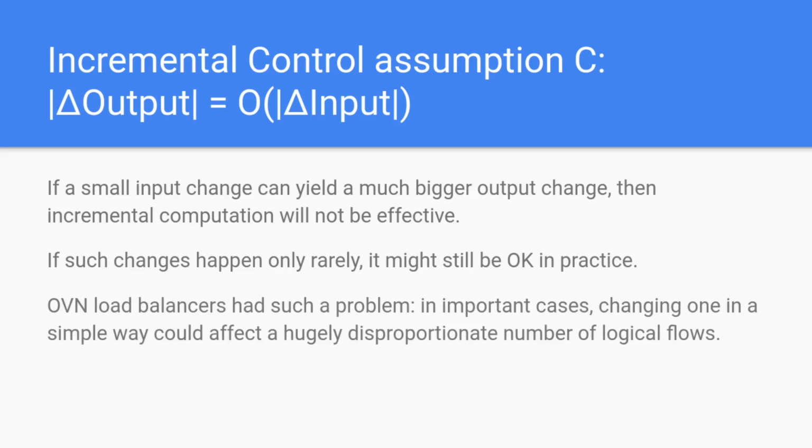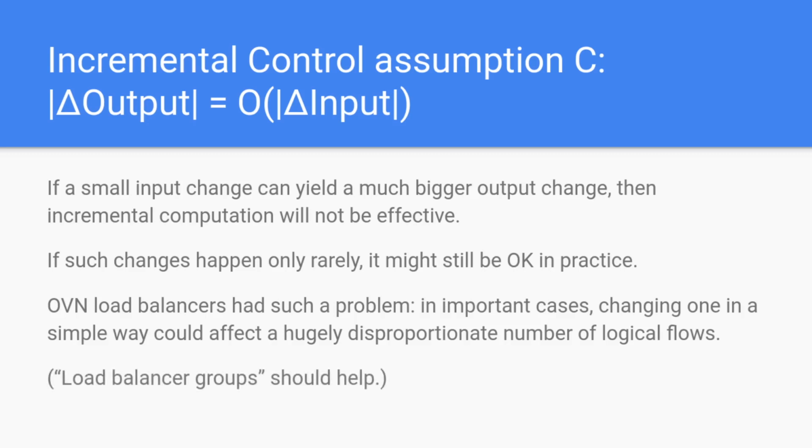And we actually had a bit of a problem with this in OVN load balancers. So in some cases, changing one load balancer in a simple way, if that load balancer was important enough, then it could affect a hugely disproportionate number of the logical flows and thereby use up a lot of CPU time and bandwidth.